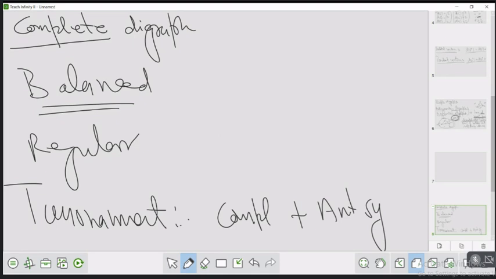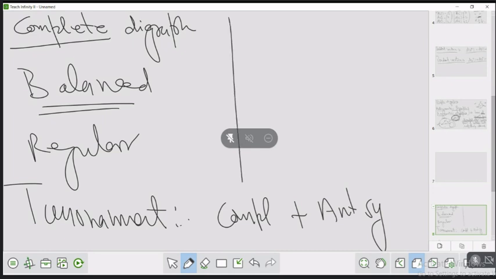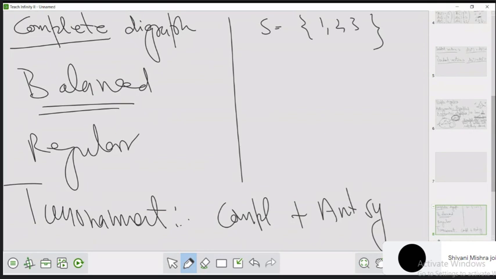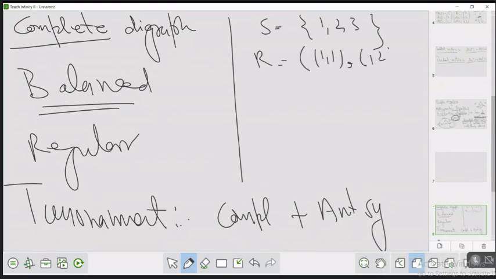Now I told you yesterday that from a relation we can find a matrix, and also we can find a directed graph. For example, S is a set {1, 2, 3}, and I have a relation (1,1), (1,2), (1,3), (2,3). From this relation we can construct a directed graph.